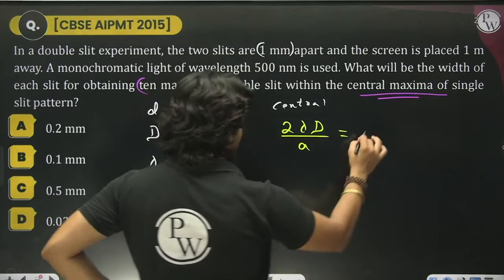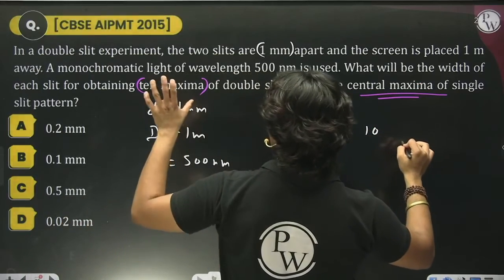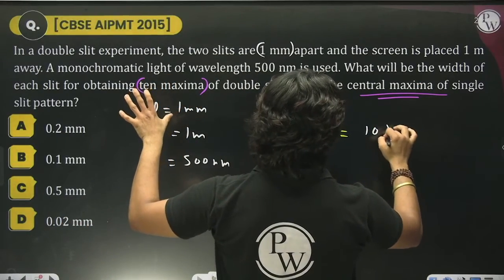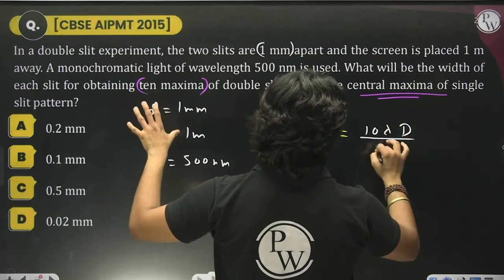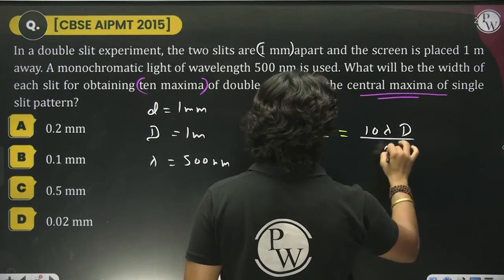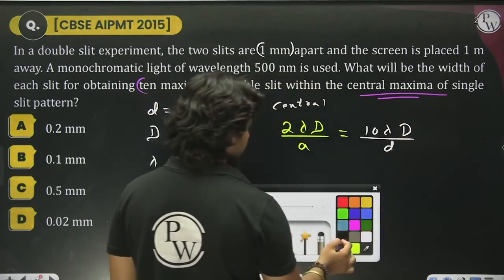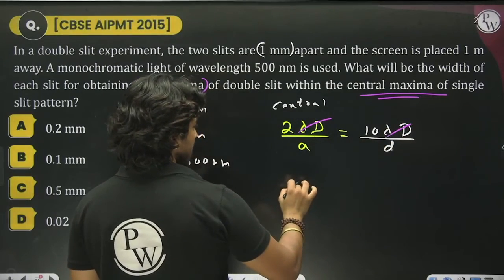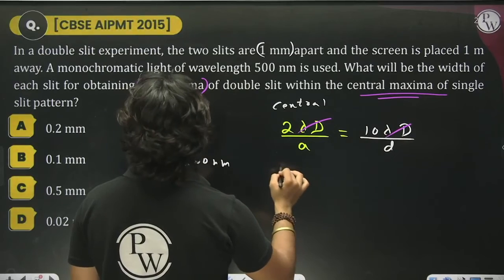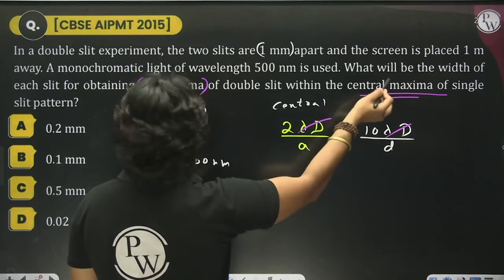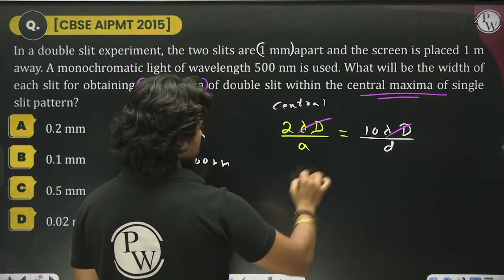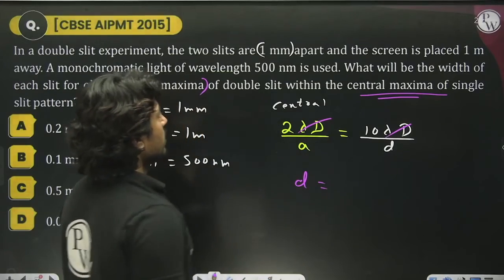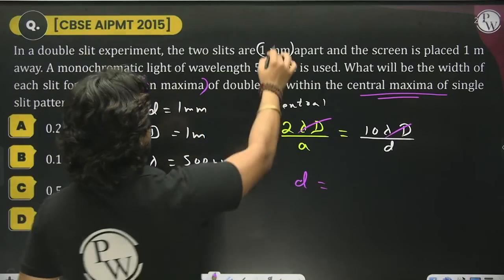This must be equal to 10 maxima, 10 lambda D by small d. So from here you get the relation. You need to find out the width of each slit, that is A. This is small d, sorry.